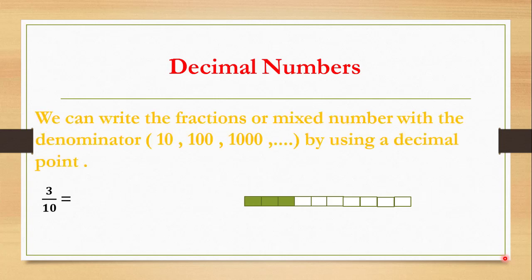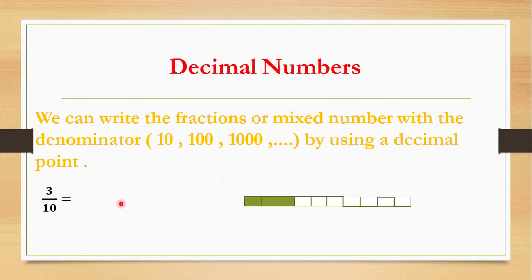Okay. Any fraction or mixed number with the denominator 10, 100, 1000, 10,000 and so on, we can write by using a decimal point. Here we have 3 over 10.